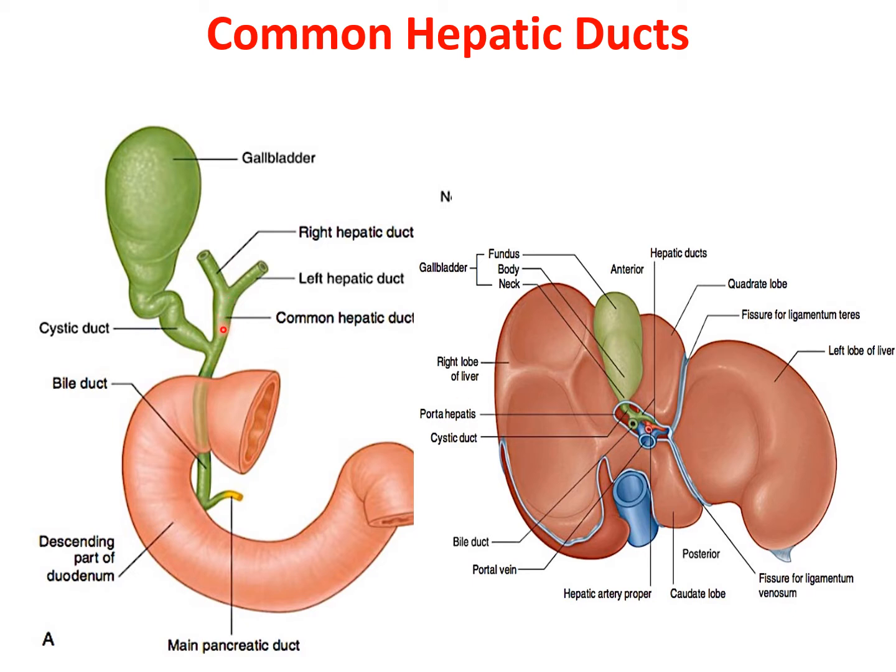It is then joined on its right side at an acute angle by the duct of the gallbladder known as the cystic duct. The cystic duct and common hepatic duct combine and they form the bile duct or the common bile duct.